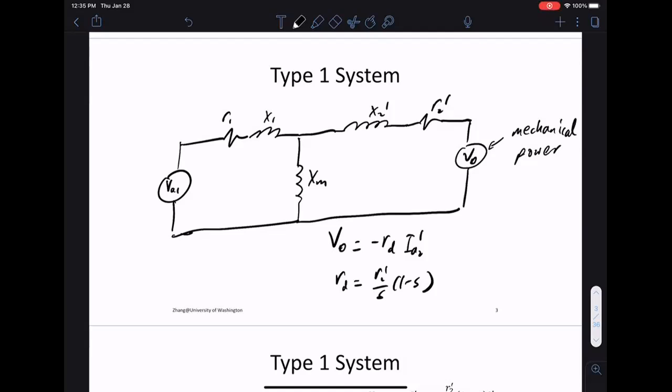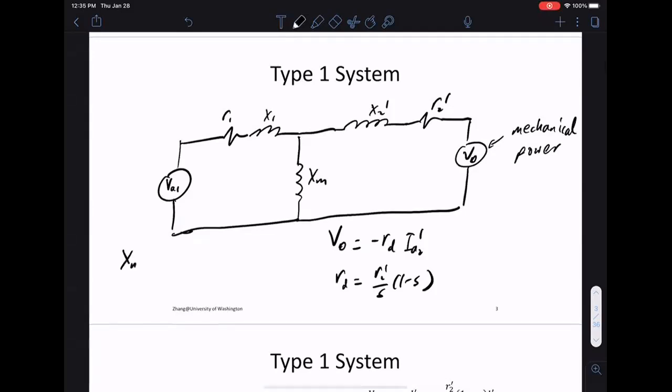Which one is larger? Looking at this diagram, it's a shunt, so often we'll assume XM is much, much larger than the other reactances in this circuit.